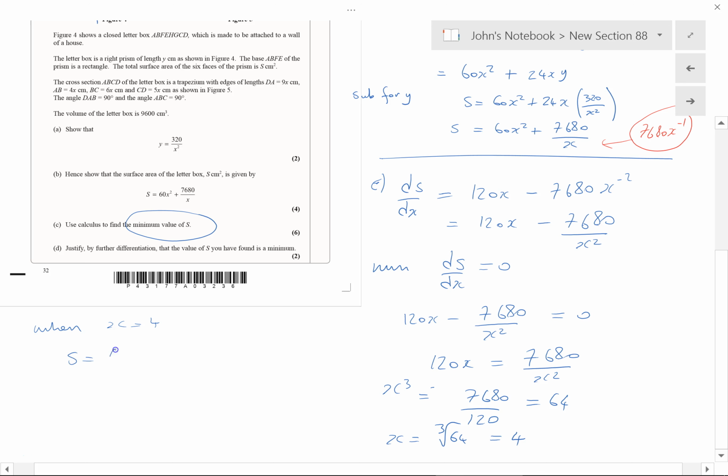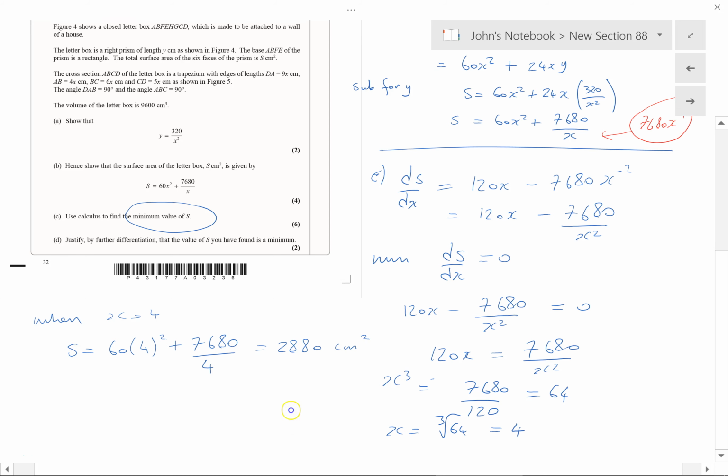So s is equal to 60 times 4 squared plus 7680 divided by 4, which is equal to 2880 centimeters squared, which is our answer.